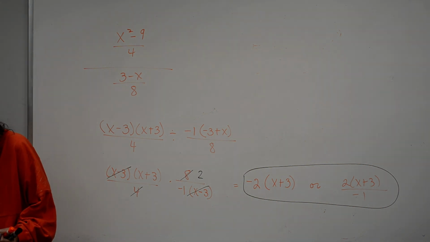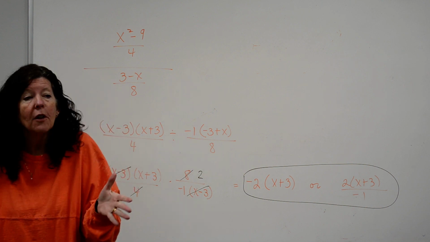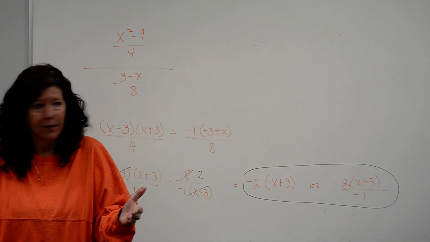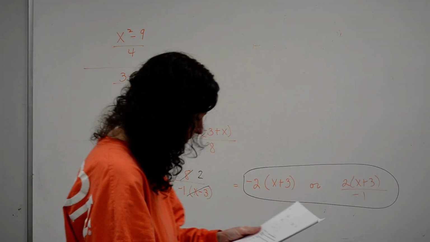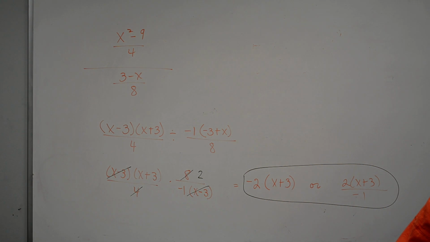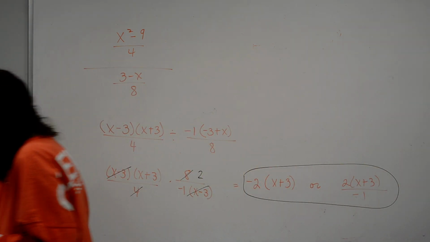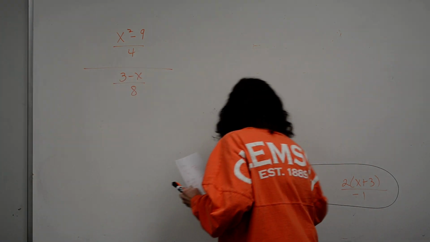Section 9.4, we went into finding common denominators, but not solving the problem, just simplifying the problem. All right, so let's try a couple of those. Just the one thing I would say, especially on this section, be careful of your negatives.